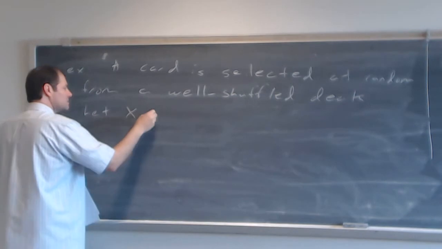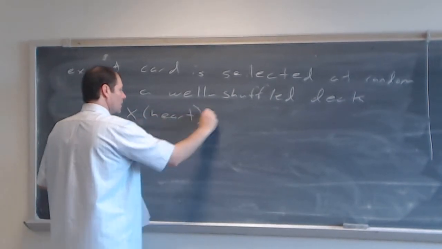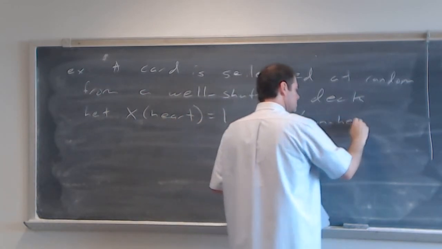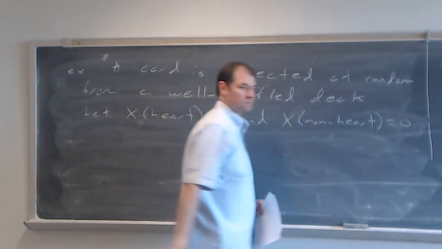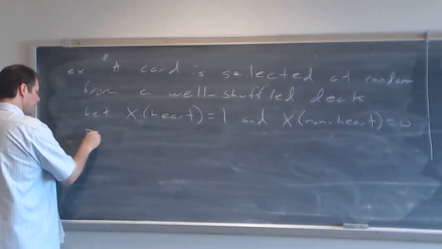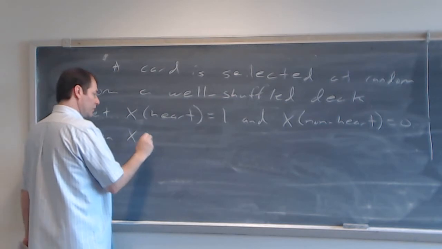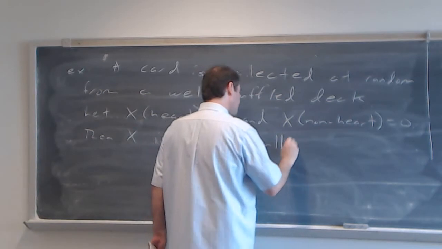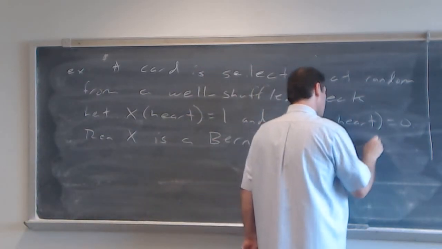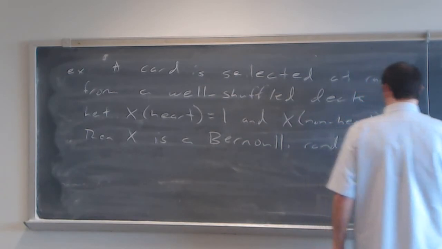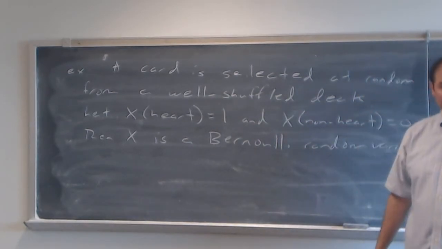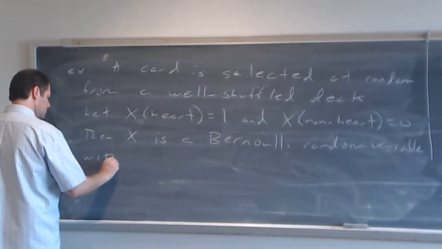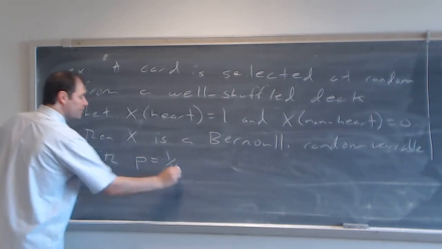Let X of a heart be equal to 1 and X of a non-heart equal to 0. Then this is an example of a Bernoulli random variable, where we're thinking that success in our drawing would be getting a heart. And the chance of getting a heart is 1/4.